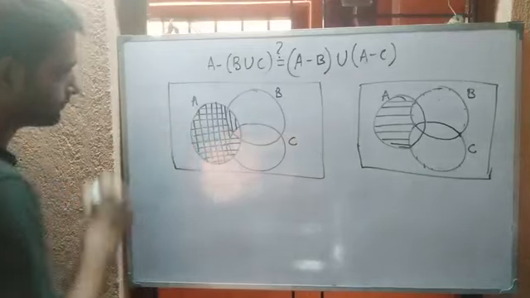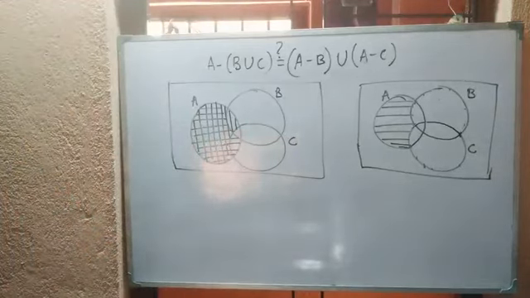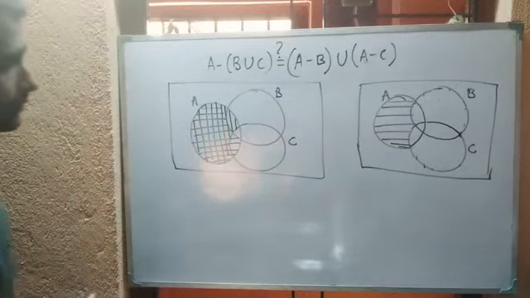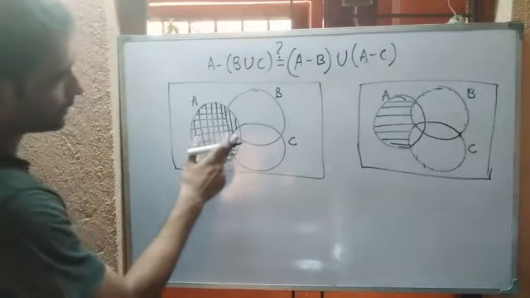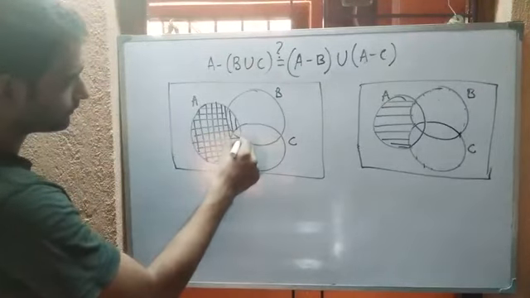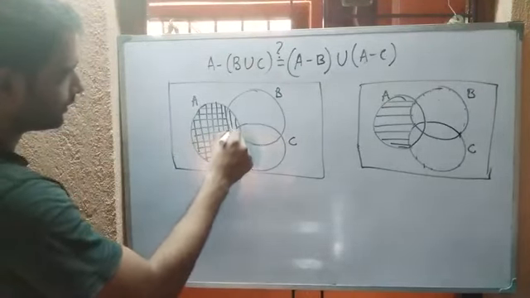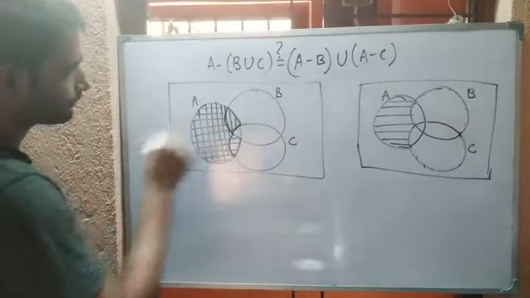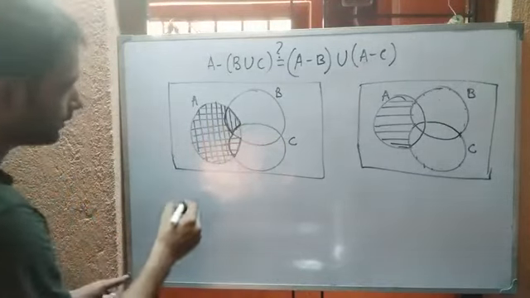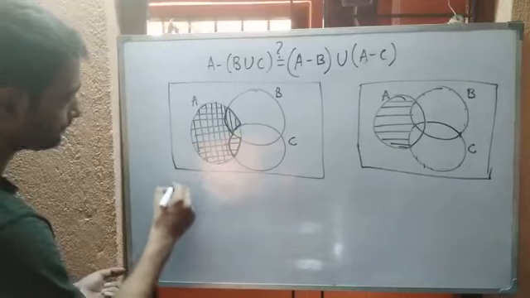So if we take the union, that will include this horizontal and vertical parts also. So finally we will get something like this.